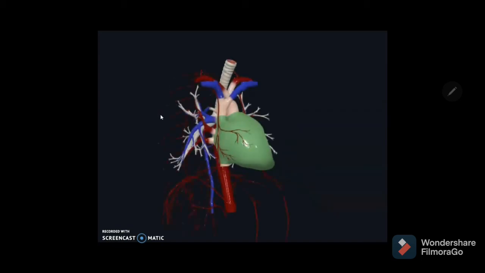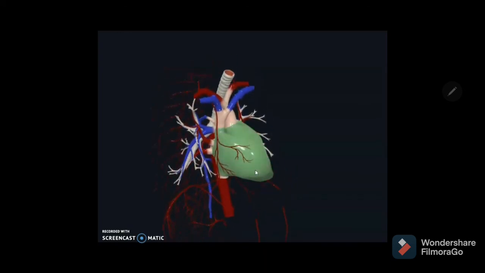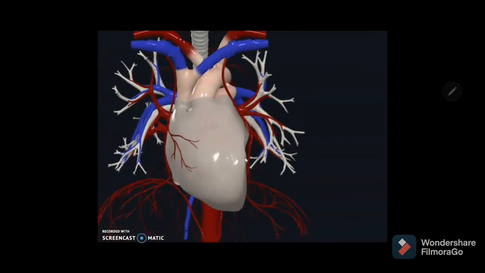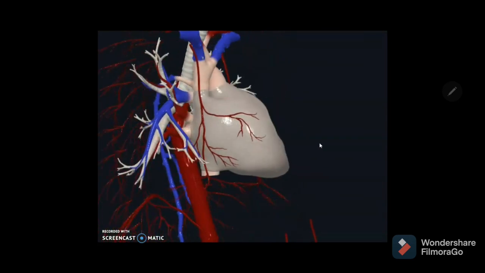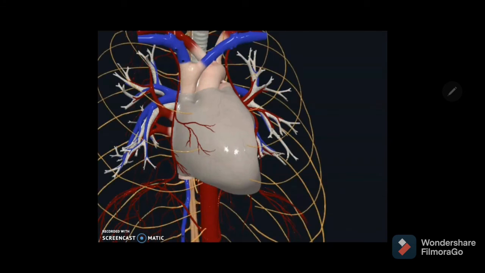Next, coming to the blood supply, it receives the blood supply from the internal thoracic artery. You can see pericardial branches. Right and left internal thoracic arteries give the pericardial branches here. As you can notice, the blood vessels supplying there.